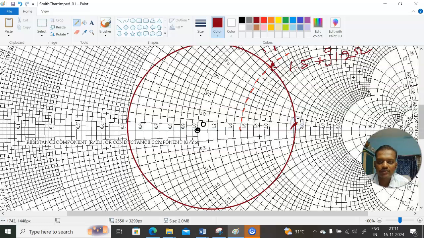You could see that it comes as 2.9. So here S equals 2.9.